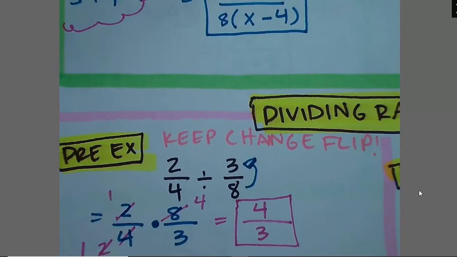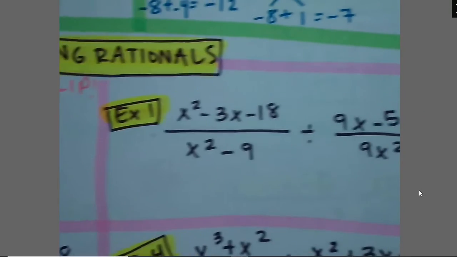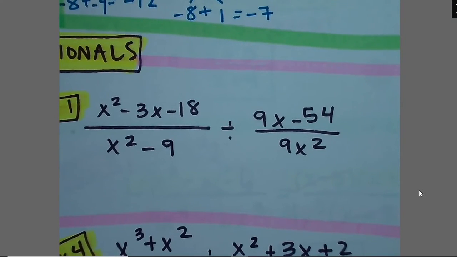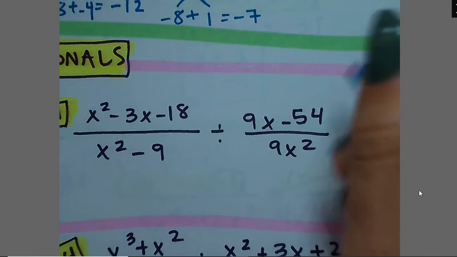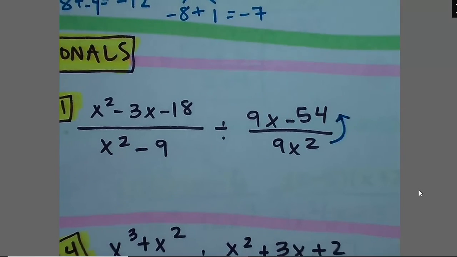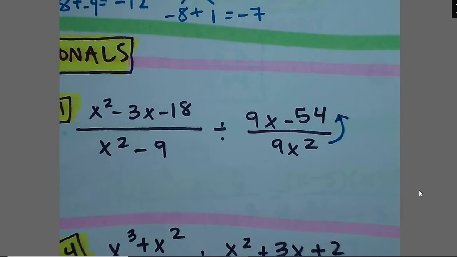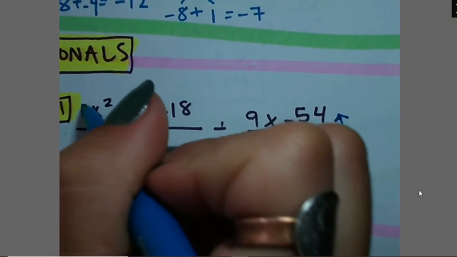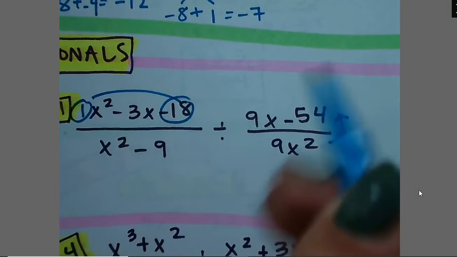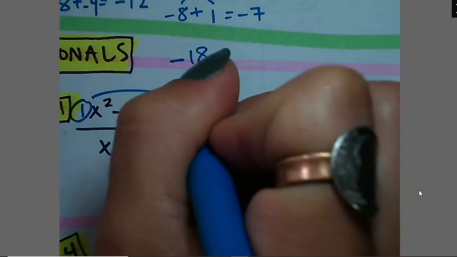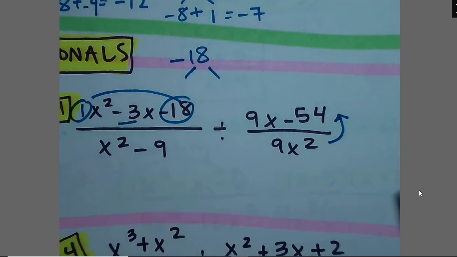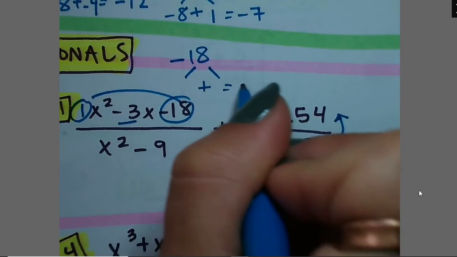Okay, so let's move on to an example. We're going to do the exact same thing as before, except this second fraction is going to be flipped, and we're just going to cross things out exactly the same. So for the first one, we're going to do 1 times negative 18. You get negative 18. You want 2 factors of negative 18 to add to give you negative 3.